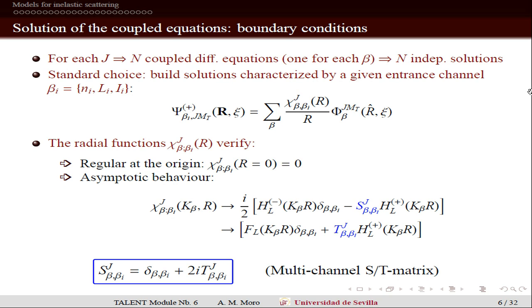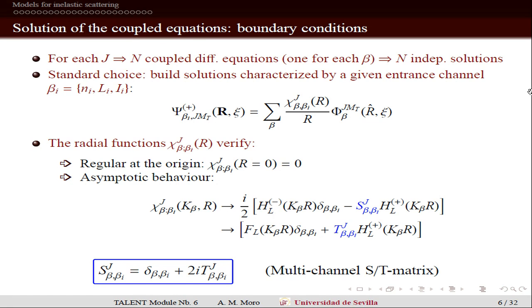And so we label these solutions not only by the j and n, but we decided to search for solutions which are also characterized by a beta. The beta I is one of the betas that we choose as an incoming channel.